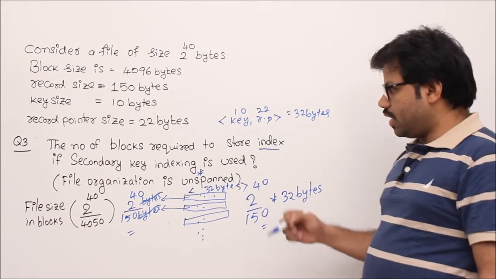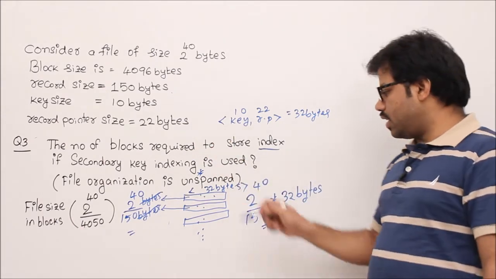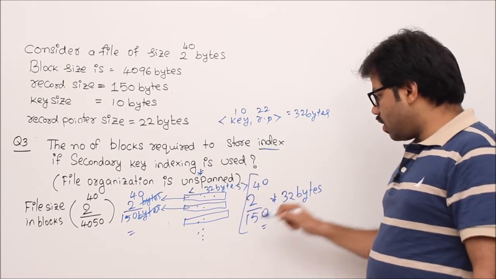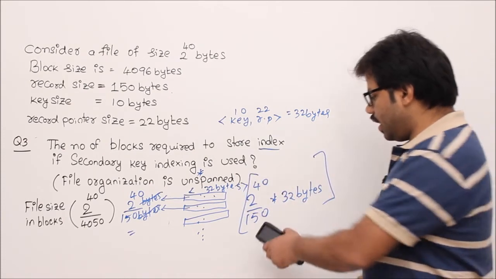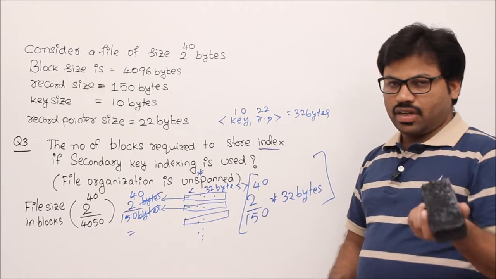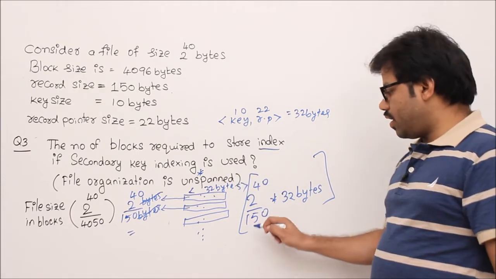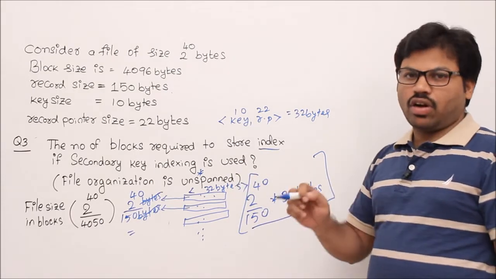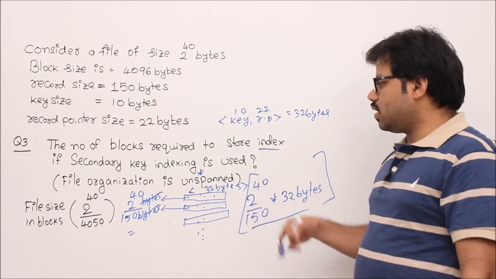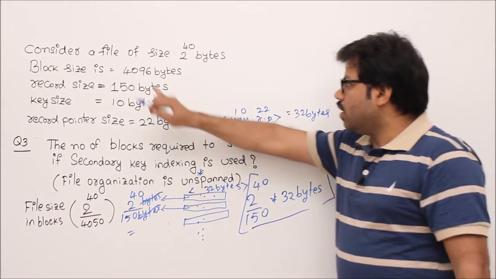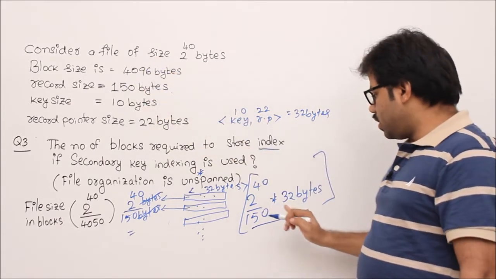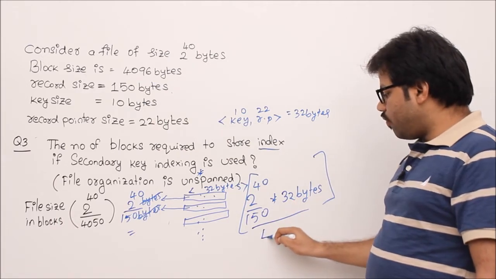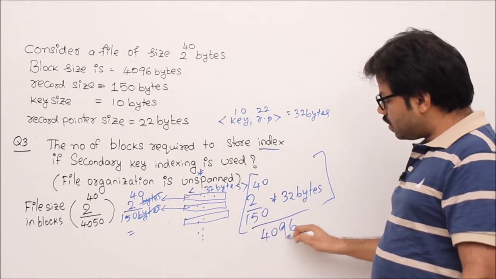Now the question, let's say number of blocks, not file size, correct? Given a file size, now you have the file size of your index. What are the total number of blocks required? Simple, divide by block size. Since 4096 is divisible by the record size of your file, the effective block size is 4096.